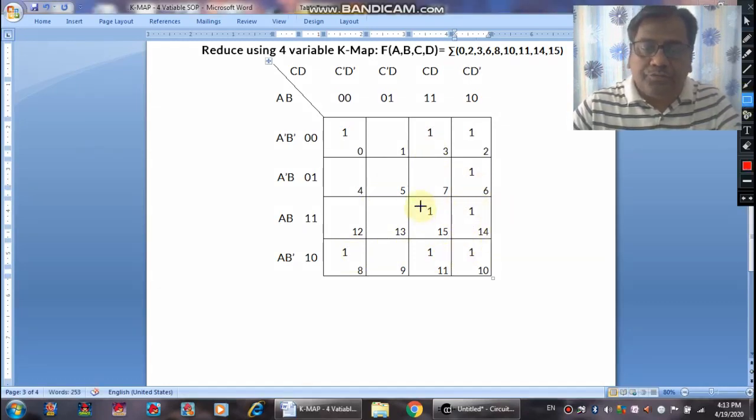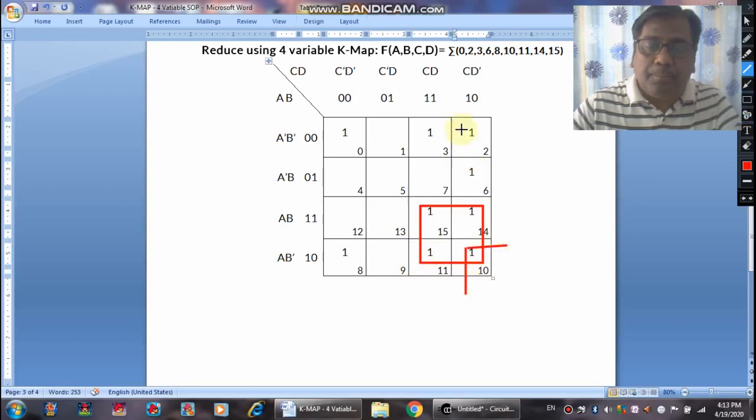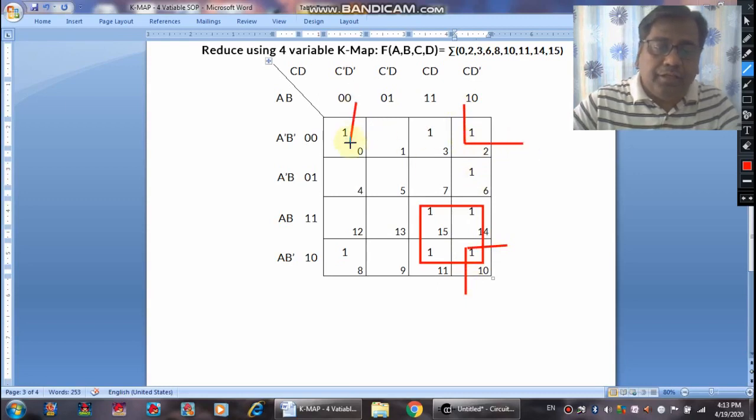Now the first quad is very evident. It's these four ones. The second quad that we can prefer is the corner ones. I've explained earlier that when we group the corners, it becomes a quad.